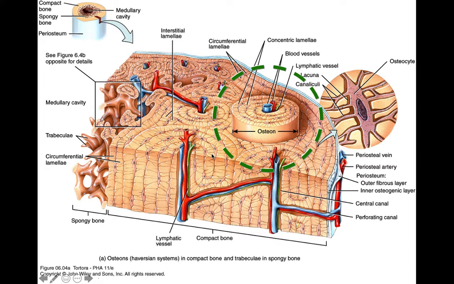You put those all together, and that's what gives compact bone its lightness but its strength at the same time. And then in the middle, as you can see, it has its blood supply, or the Haversian system. So the major strength of compact bone is your osteon. That is what gives bone tissue its strength. You put all these together, tightly packed, and it gives bone its lightness, but also how strong bones are.